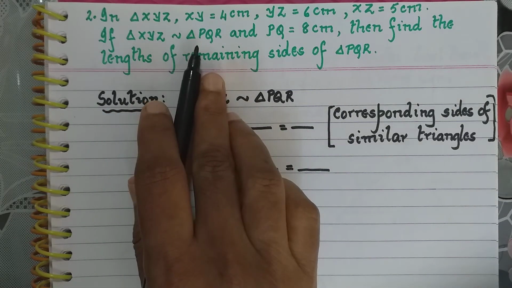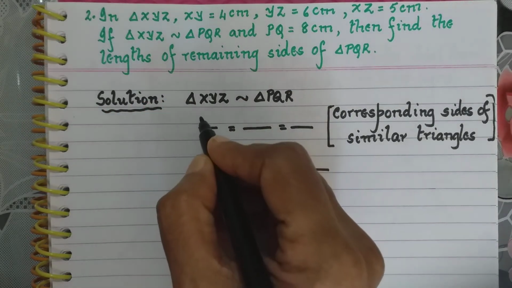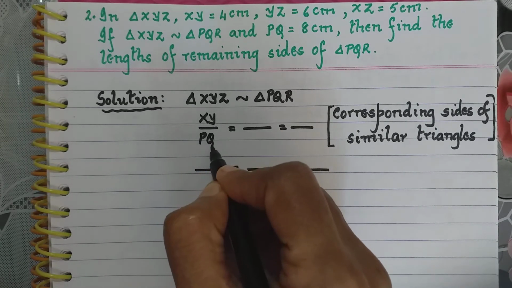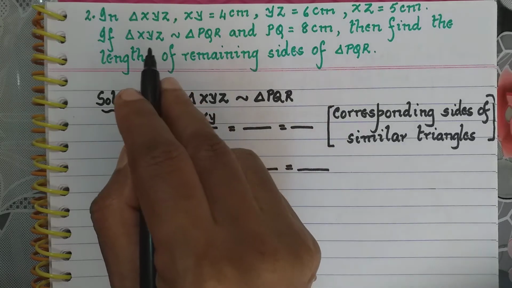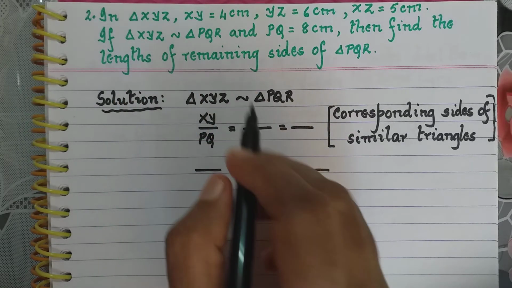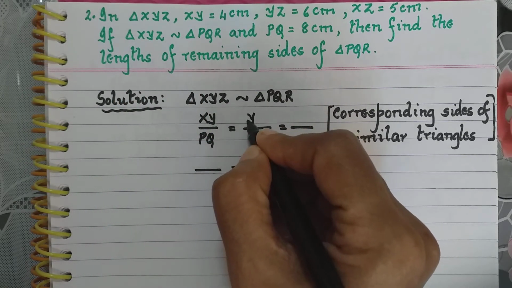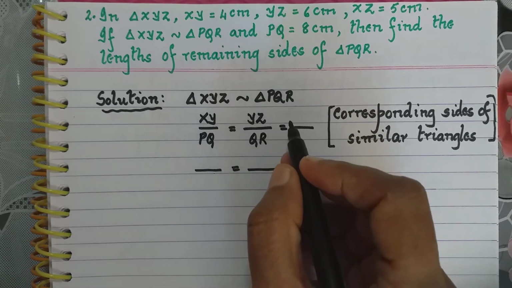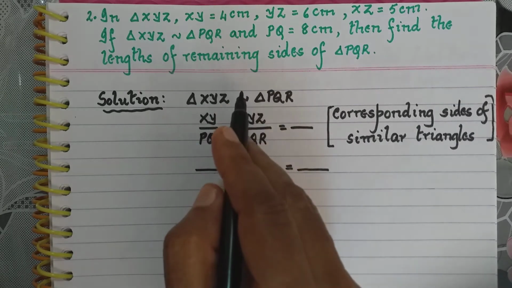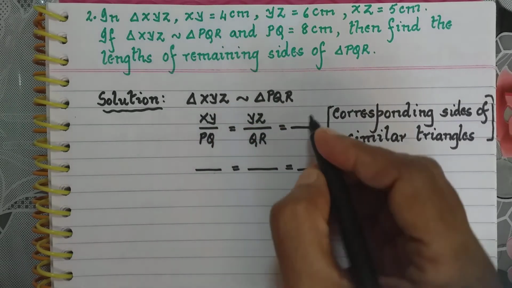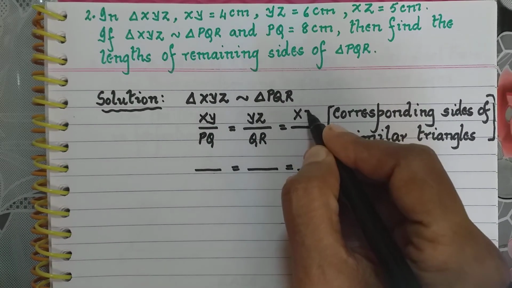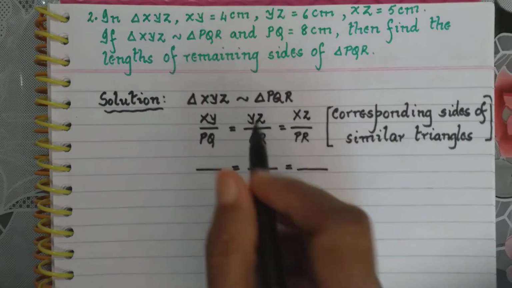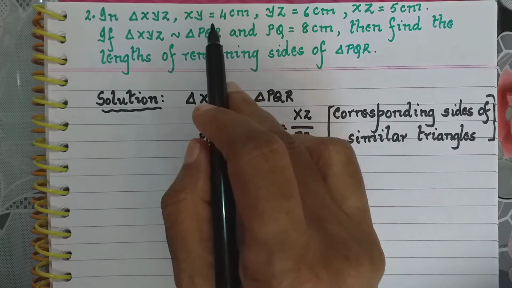So we can write the ratios of the corresponding sides. XY upon PQ is equal to YZ upon QR is equal to XZ upon PR. Now let us see what are the values given here.